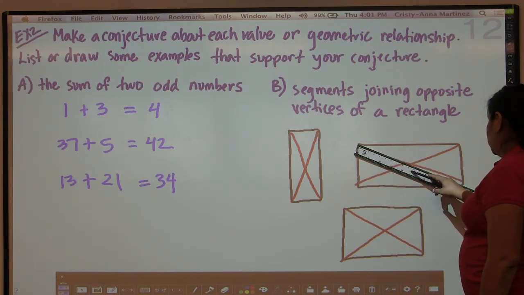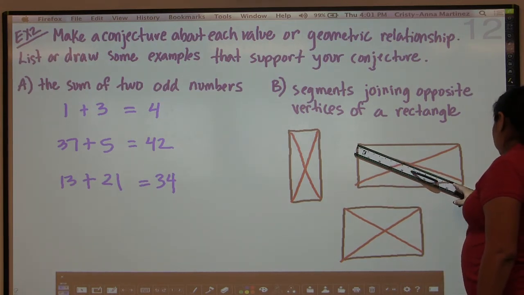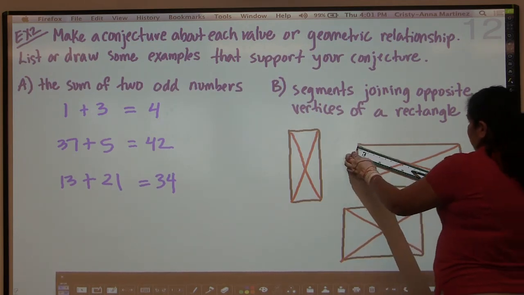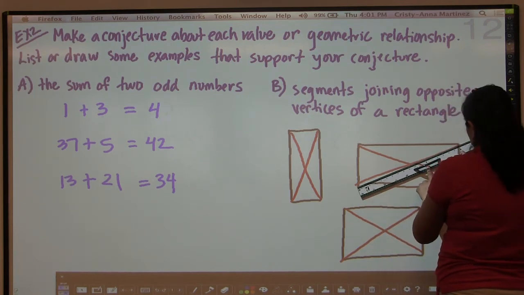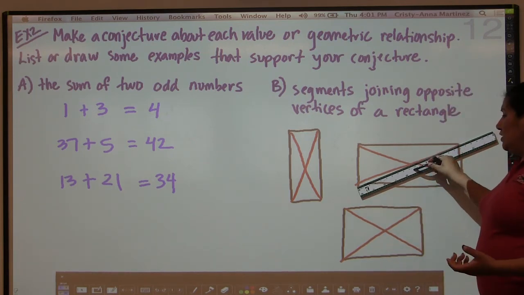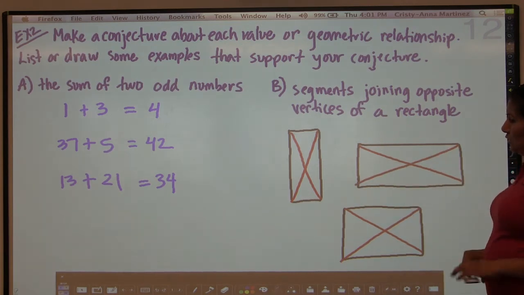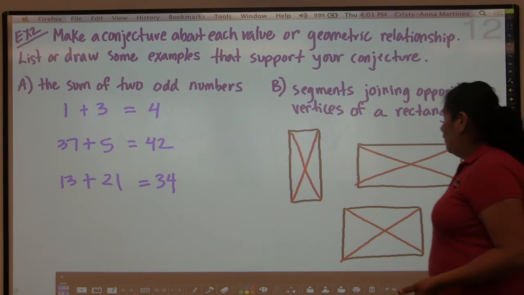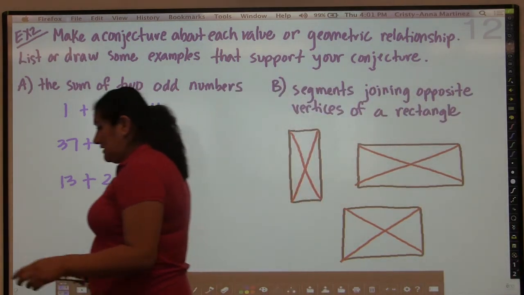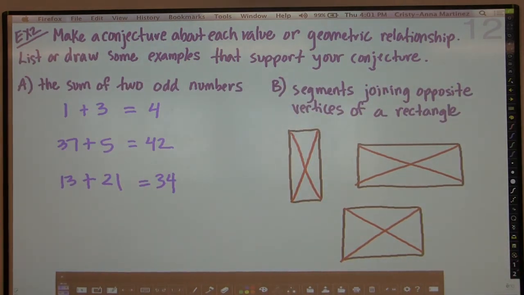This is 12 inches, 13, 14, 15, 16, 17, 18. It's roughly 18. It's a little over 18. And then if I go the other direction, I also get a little over 18. So you can use that to measure the actual segments to confirm that in fact the segments joining opposite vertices of a rectangle are in fact congruent or equal.